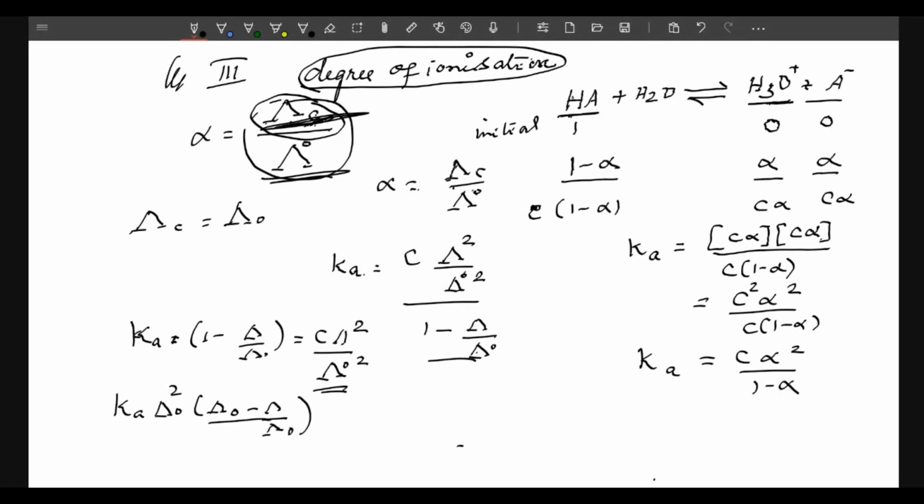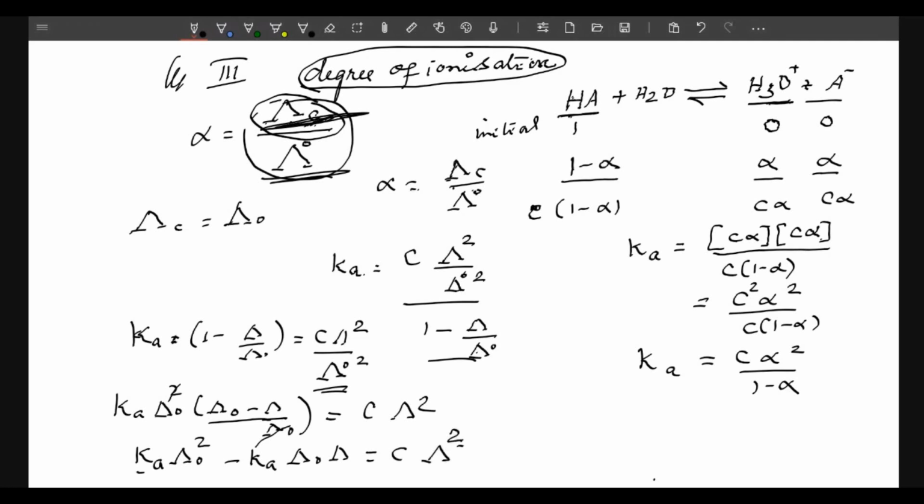Lambda naught is equal to C lambda square. Or you cancel this and this. What is the relationship? You will finally get Ka into lambda naught square minus Ka into lambda naught into lambda is equal to C lambda square.